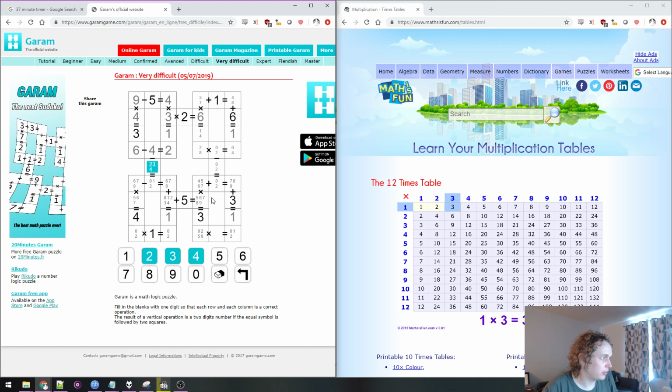No, not even 1. 2, 3, 4. But that doesn't get us anything else. Just lets us put a pencil mark there. And for the sake of completeness, let's put pencil marks here.